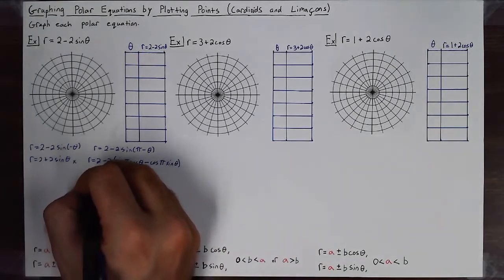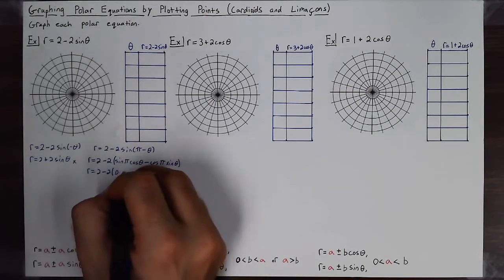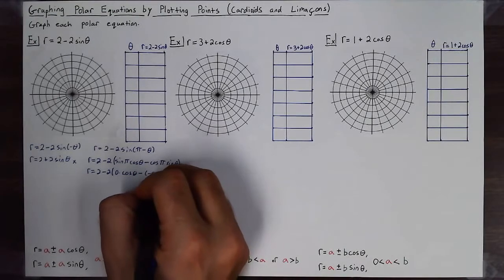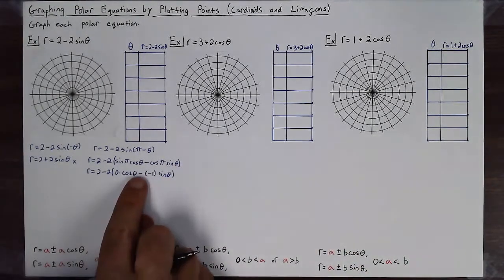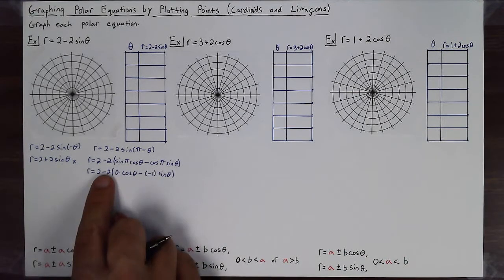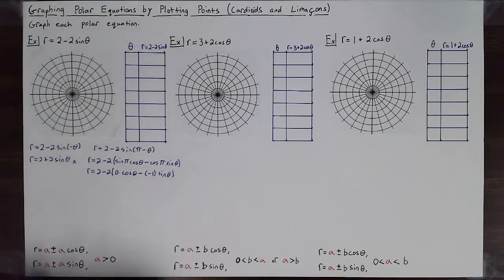Which gives me r is equal to 2 minus 2 times sine of pi, which is 0, times cosine of theta, minus cosine of pi, which is negative 1, times sine of theta. The minus and negative make that a positive sine of theta. When I distribute that negative 2, it gives me a negative 2 sine theta. And this first term just goes to 0.